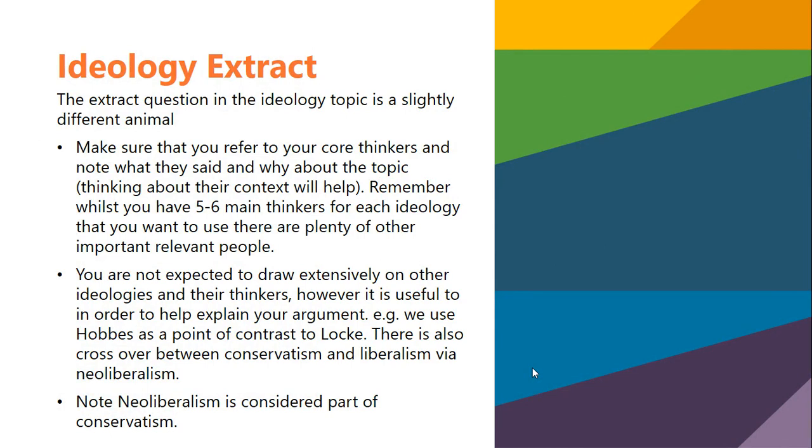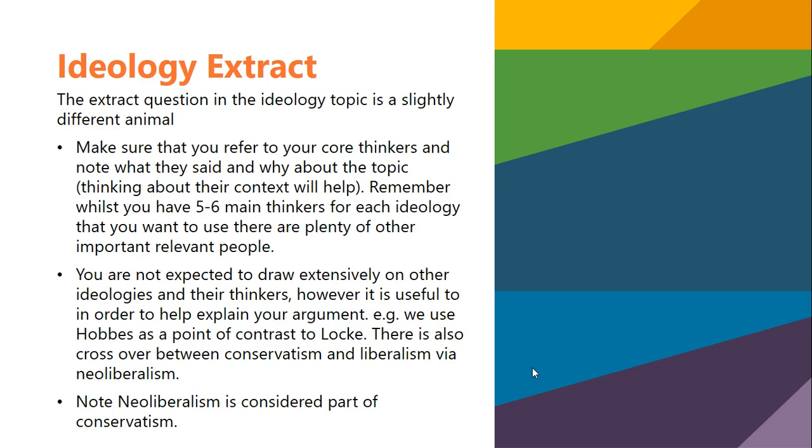The extract question in ideology papers, paper 3, is a slightly different animal. You need to make sure you refer to the key thinkers you've been taught, not just what they said, but note what they said and why they said it about that topic, and the context will help. You've got 6 or 5 main key thinkers for each ideology you've studied, and there are plenty of other relevant people.